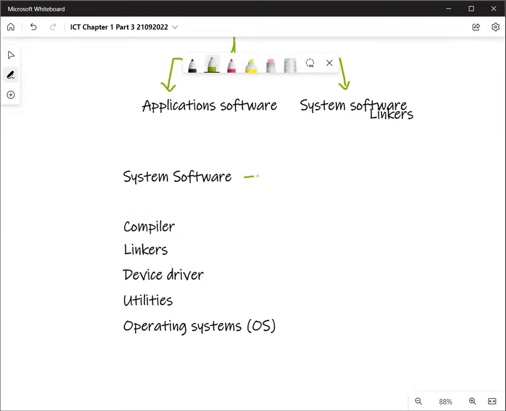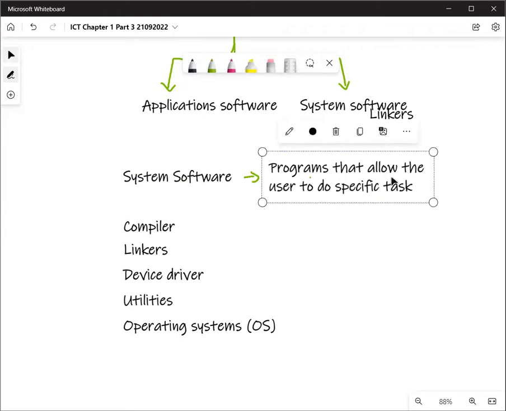Done. Now with system software, I'll just give you a definition of what it is. So I have to write that also. Yes. That is the main part here. Okay.